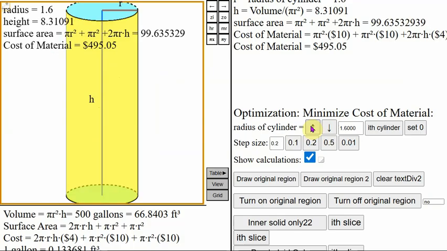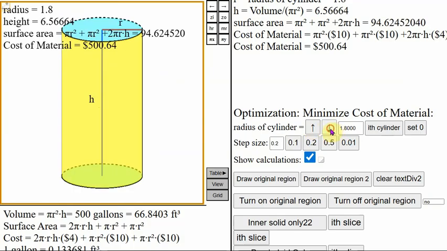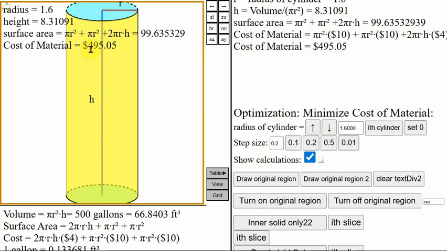It looks like we can make it smaller. It looks like the smallest cost is going to be about $495.05. For this one, the radius is 1.6 feet. Let's see if we can make the cost even smaller here.